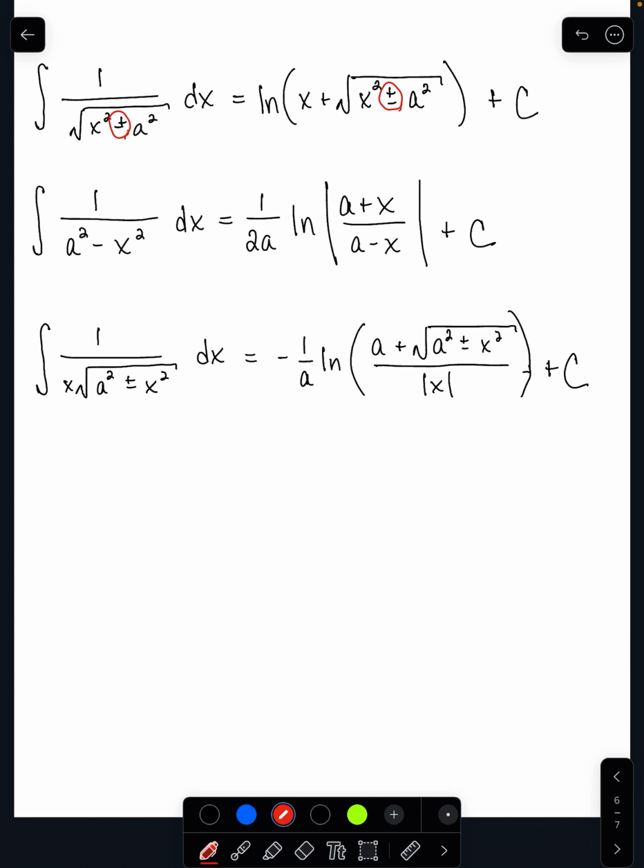Where again, we have the plus or minus in the integrand corresponding directly to the plus or minus under the radical in the antiderivative. And again, the same rules apply in terms of integration rules.